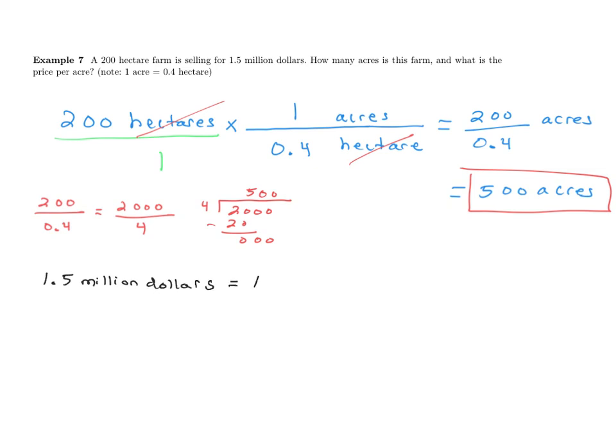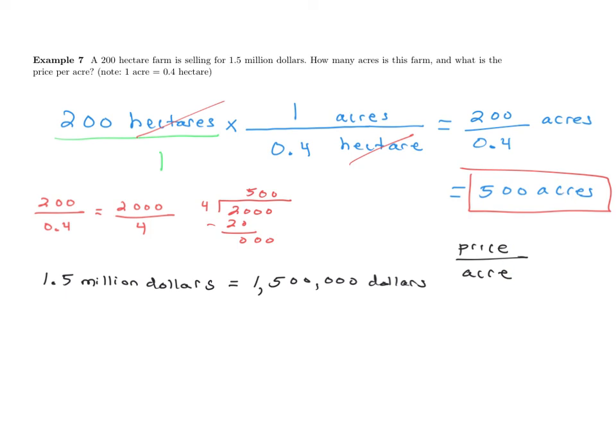That's 1,500,000. So here and here. This is dollars. If you're looking for price per acre, we're really saying this fraction. Take the price, put it in the numerator, and then divide by the size, the acres. So if this is the price and this is the acres, I will construct this fraction.